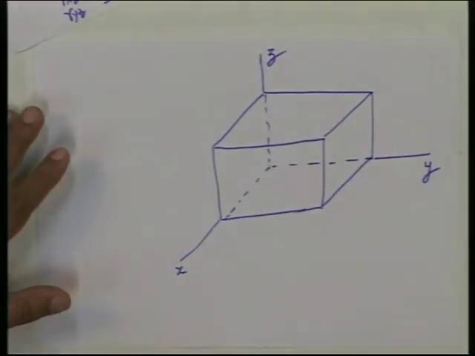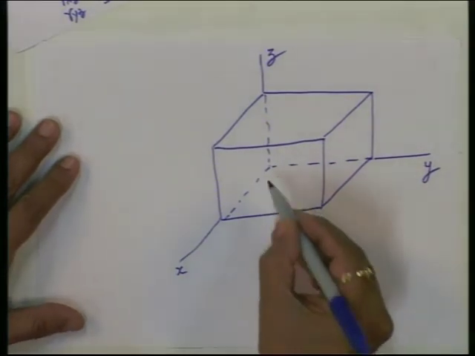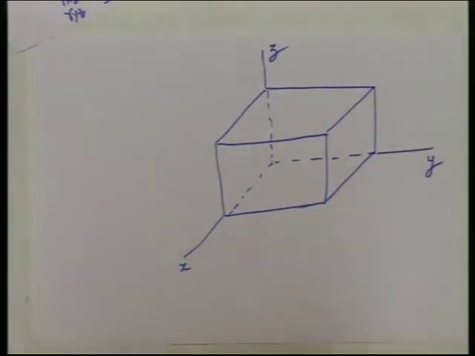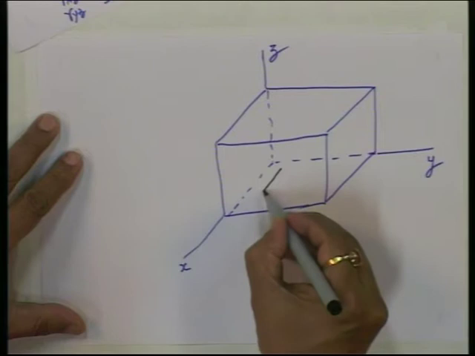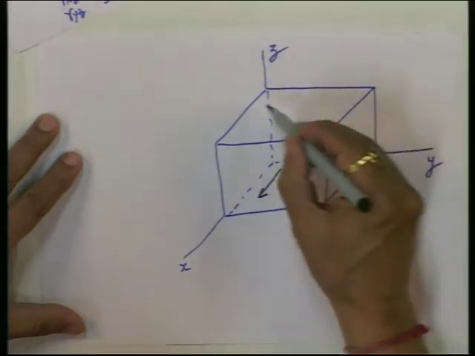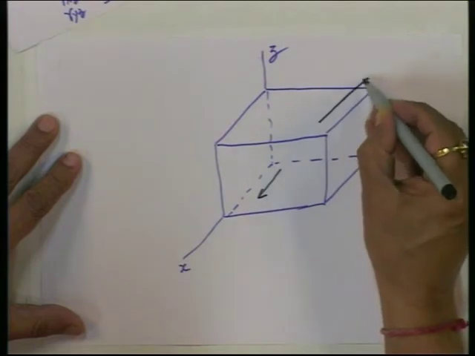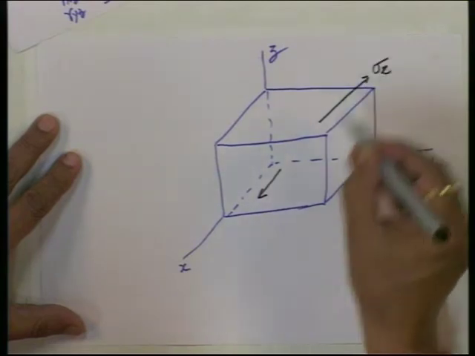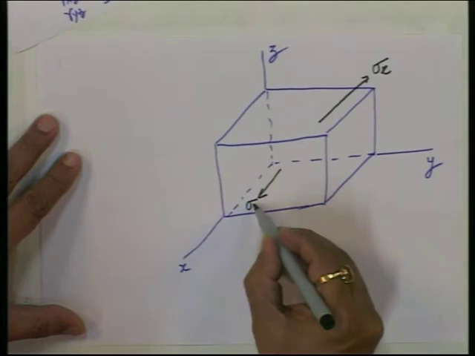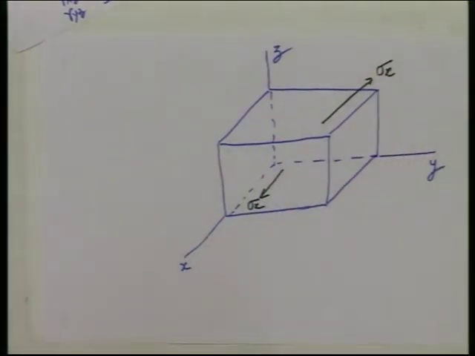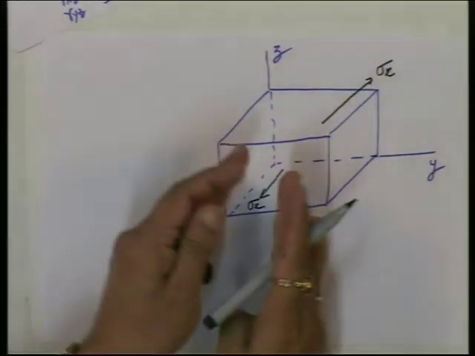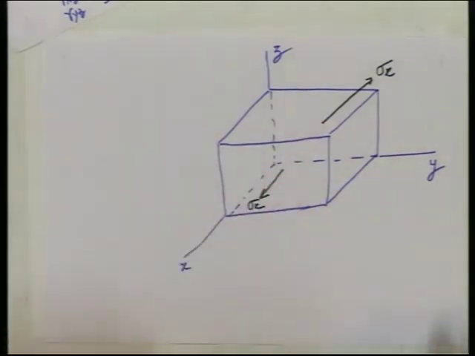So, if this is a cube and you apply sigma x on the front, and of course it will also be on the back, what will happen? The x direction will get stretched, y will get compressed, z also will get compressed. That is what is reflected there.